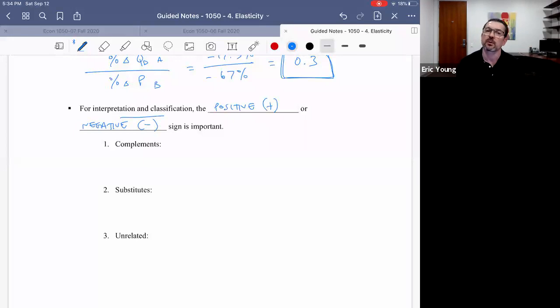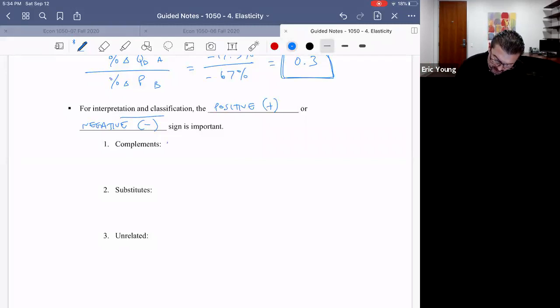Again, we touched on this already in our demand lecture. We know that subs and comps are particular types of goods, and that changes in the price of one of those goods will affect the demand curve for another good. So we've already had some exposure to how the change in the price of one item can affect the demand for another item. We're now formalizing it with this metric, okay?